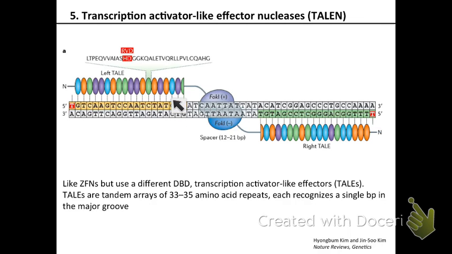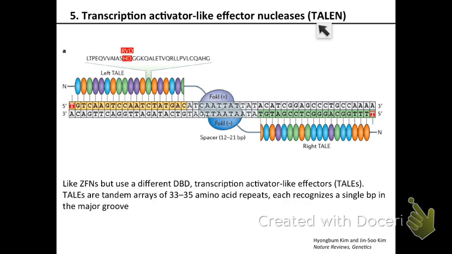And again, just like the zinc finger nucleases, these are fused to the FOK1 endonuclease. When it dimerizes, given a certain spacer, in this case it's a little bit larger, you can cut the DNA right here. So these are called transcription activator-like effector nucleases. So in short, they're called TALENs.